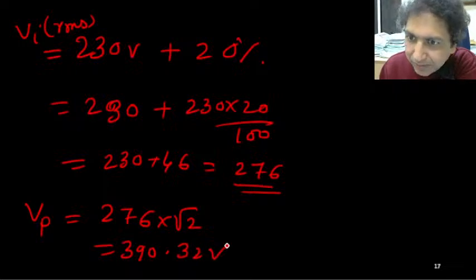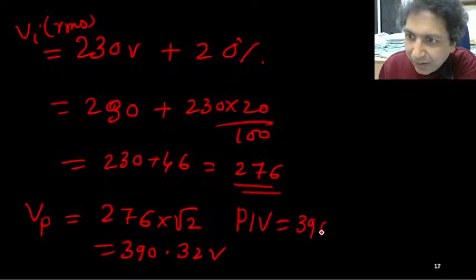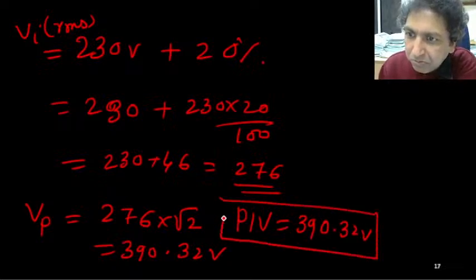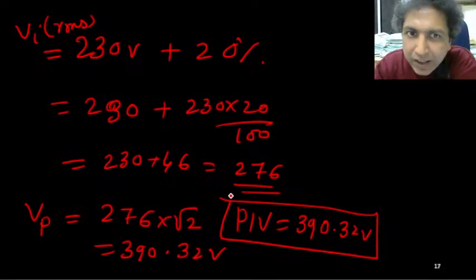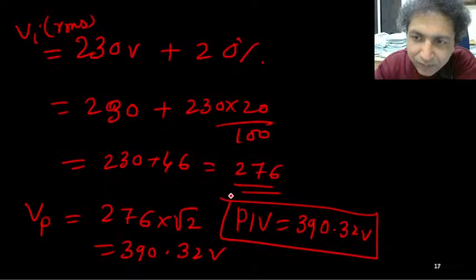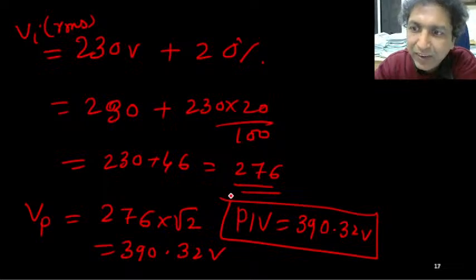That is the peak voltage, and that is nothing but the peak inverse voltage. So the peak inverse voltage is 390.32 volt. Because in a full wave bridge rectifier, where 4 diodes are used, the peak inverse voltage is simply Vp. But in the center tap full wave rectifier, the peak inverse voltage is double that, 2Vp.